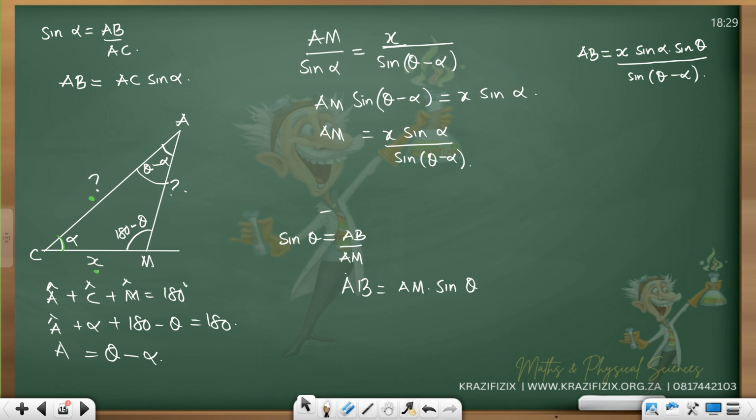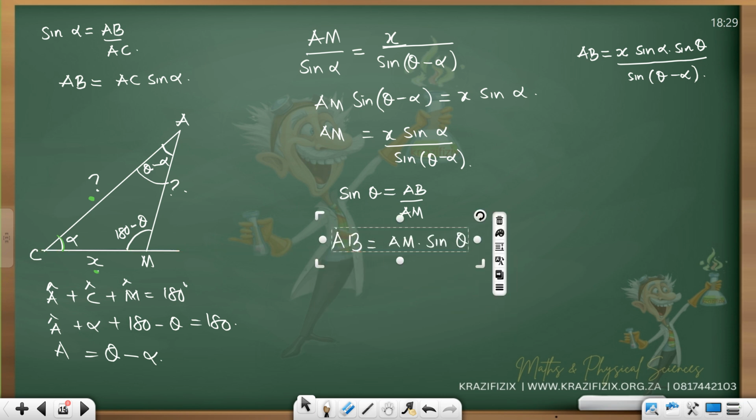So sine theta is AB over AM. And if I cross multiply, AB is what? AM sine theta. But don't I know AM? I think I do. What is AM?